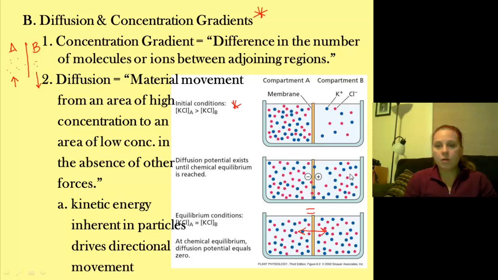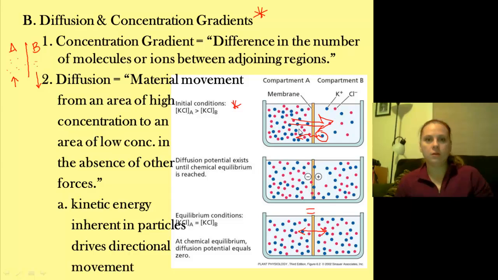One thing I want you to know, just because these molecules are moving and my overall movement is from that way to that way, it doesn't mean that that little molecule right there might not go that way. It could. You're going to get exchange no matter what. It's just, again, what's your overall movement? And when I watch this, the overall molecular motion is going to be from the left side across to the right.